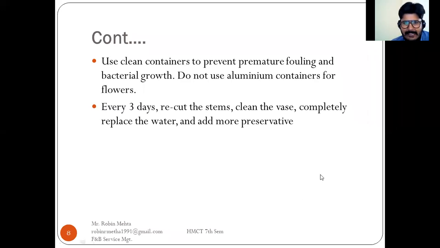Next, use clean containers to prevent premature fouling and bacterial growth. Do not use aluminium containers for flowers.